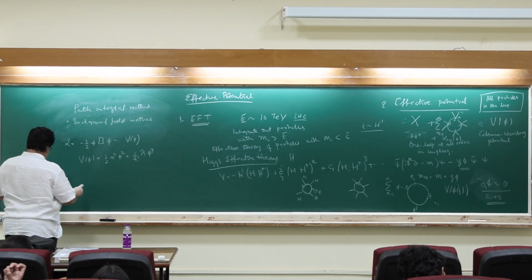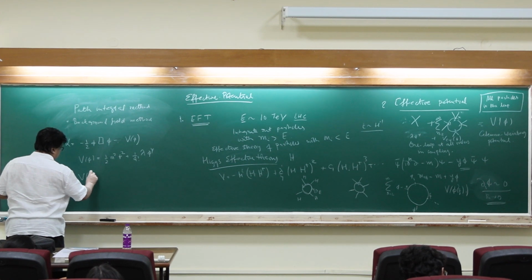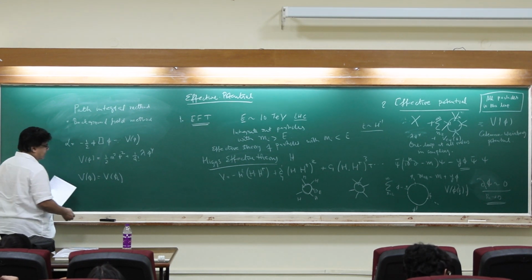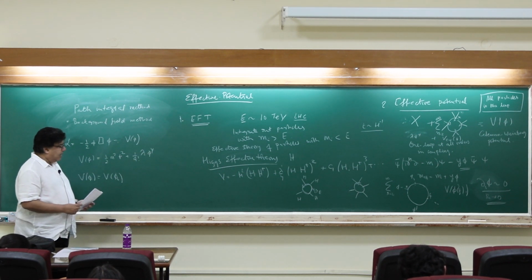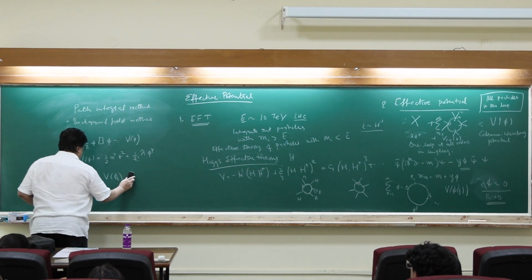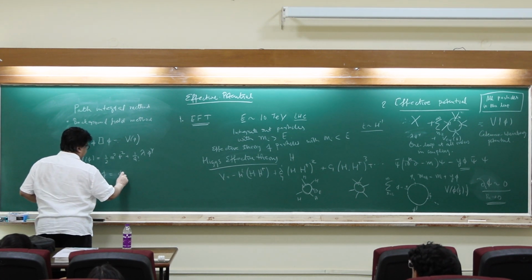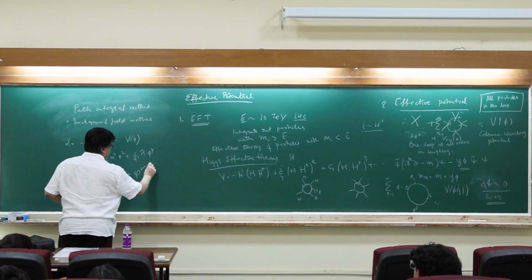Now break this up. Write phi as phi background, so this is the constant field whose potential we are trying to calculate, plus a quantum fluctuation.